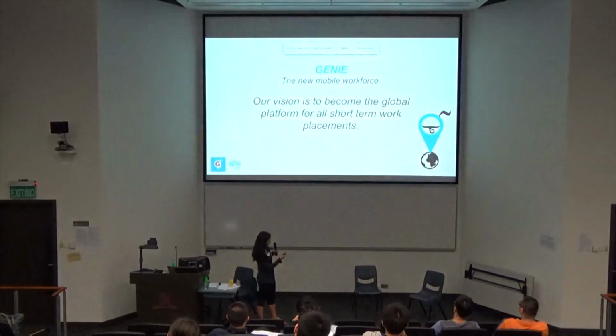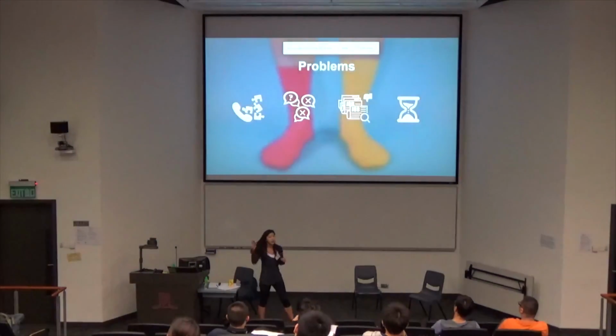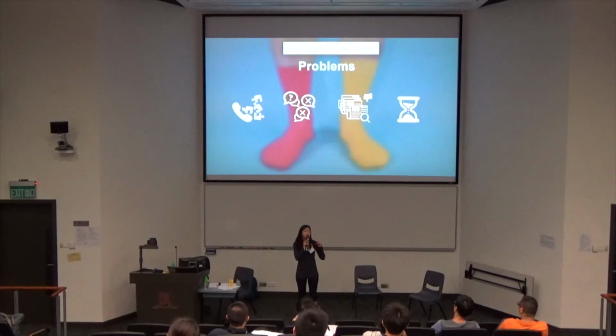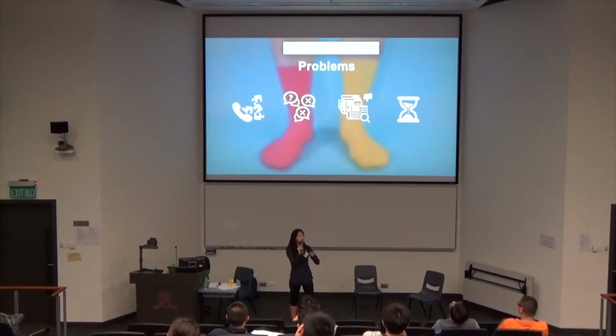So the problem, there was another problem on the other side. A lot of business owners were actually closing down. It was on the TV and on the news that they couldn't hire enough part-time staff.